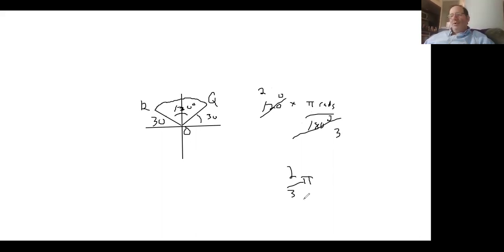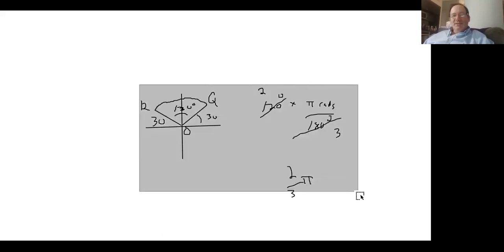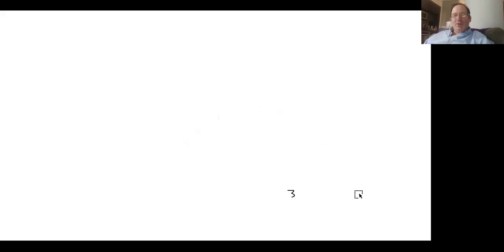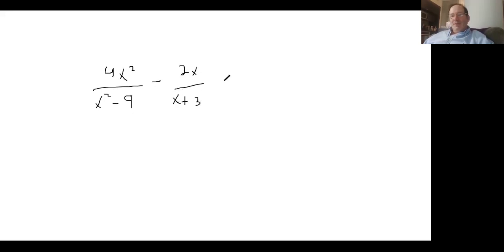All right, number 12. You always got to ask yourself, what are we testing here? In this case, it looks like the difference of squares. If we look at this problem here, it says you got 4x squared over x squared minus 9 minus 2x over x plus 3 equals 1 over x minus 3.